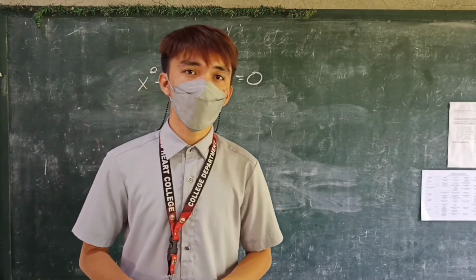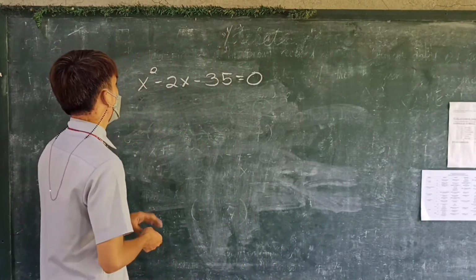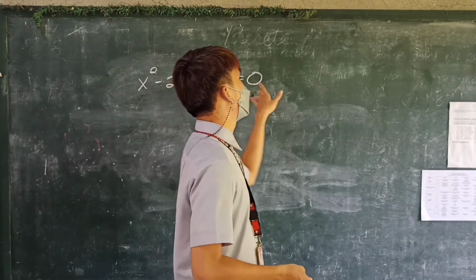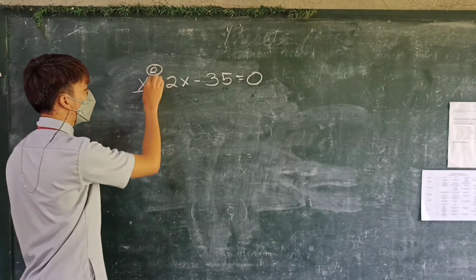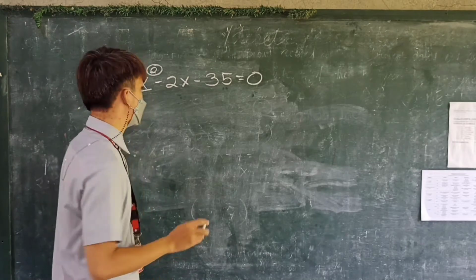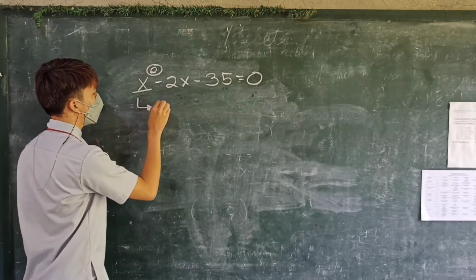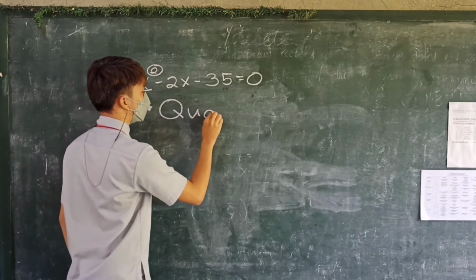Now before solving for the roots, let's first identify the names of each term. The first one, with the degree two, is what we call the quadratic term.